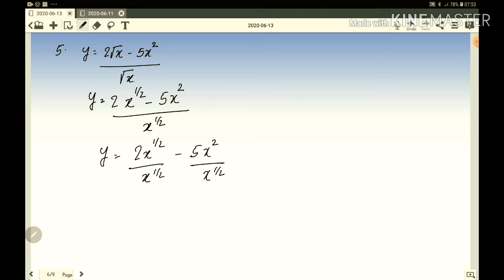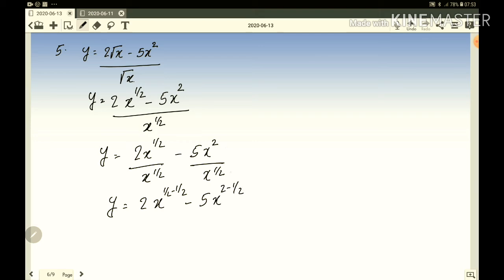That is very easy. Now we can use the rules of exponents, that is the bases are same. When you divide, subtract the power, you know that. So let me write it, that is 2x to the power half minus half, or you can cancel it straight, there's no problem. Minus 5x to the power 2 minus half.